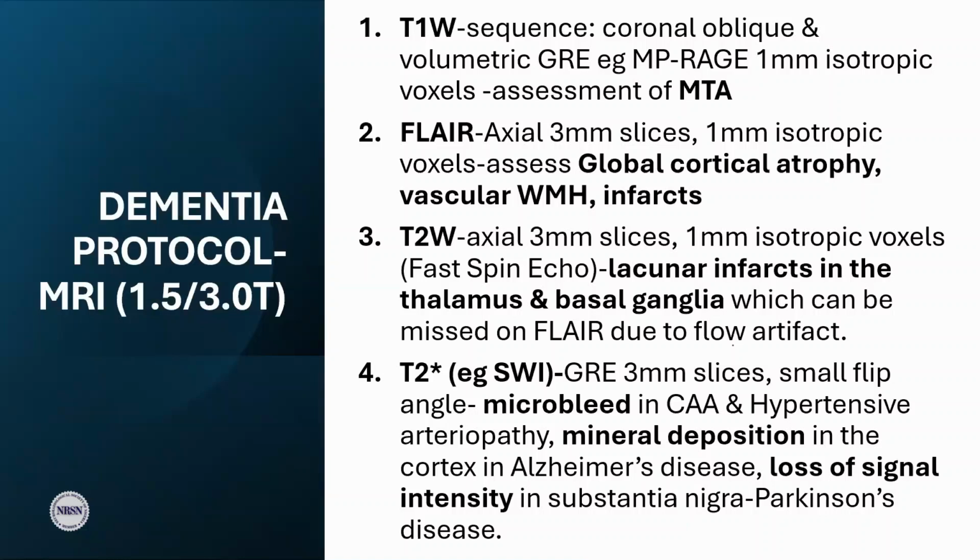T1 weighted images are obtained. An example would be a magnetization prepared rapid gradient echo images, which are 1 mm isotropic voxels. They are used in the assessment of medial temporal atrophy.